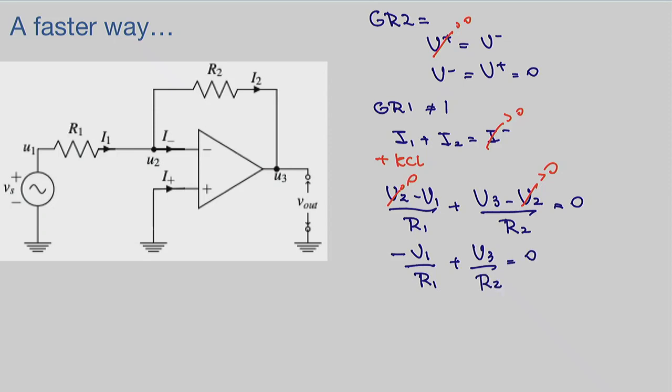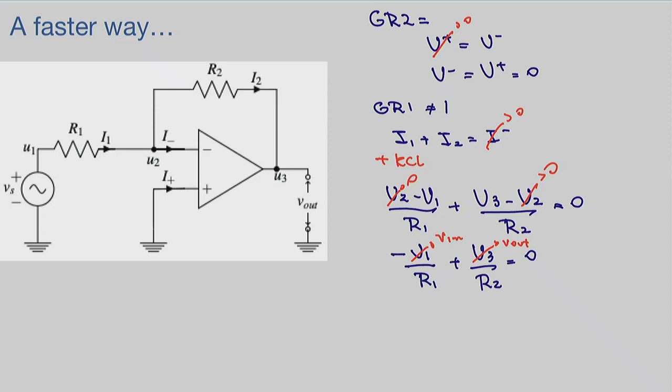Now, from the beginning, when I wrote the voltages, it was very easy for us to know what the potentials are. What's U1? U1 is V in. What's U3? U3 is V out. Those were all the first questions I asked you. It's just a different way of writing.